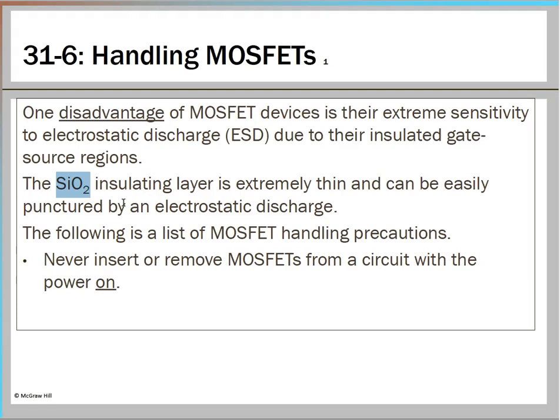MOSFETs boast a high input gate resistance, while the current flowing through the channel between the source and the drain is controlled by the gate voltage. However, if you don't take precautions in handling the MOSFET, it can lead to damage, and damage can also be caused by over voltage.